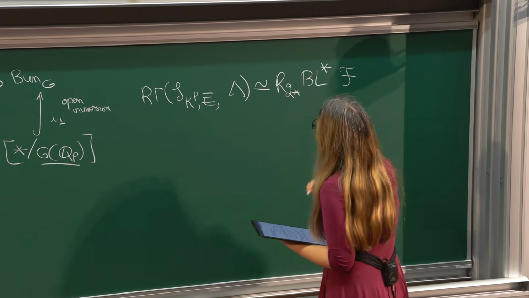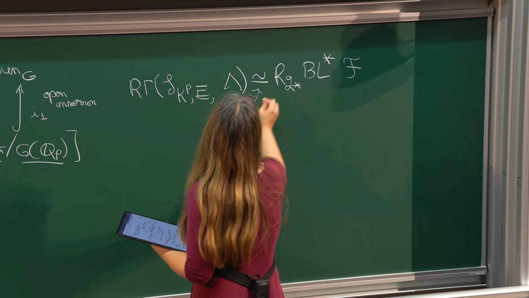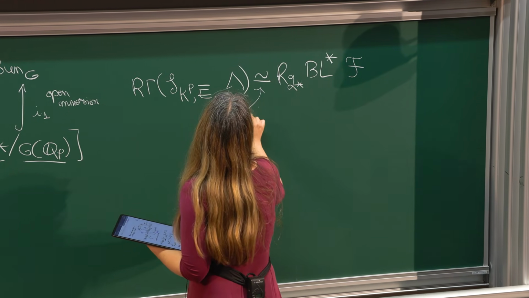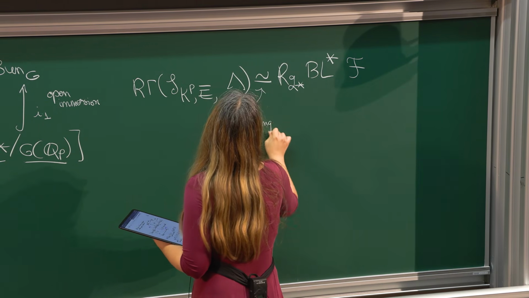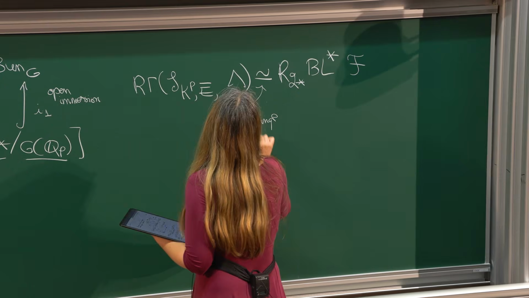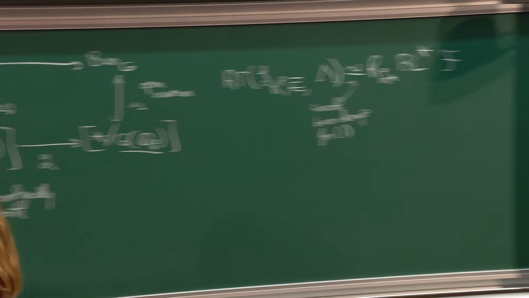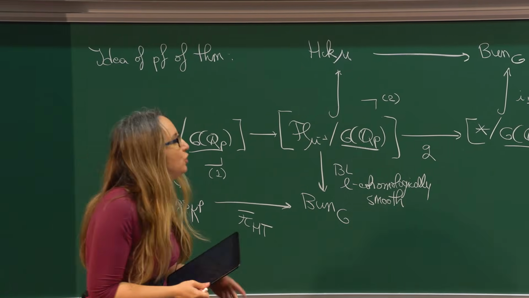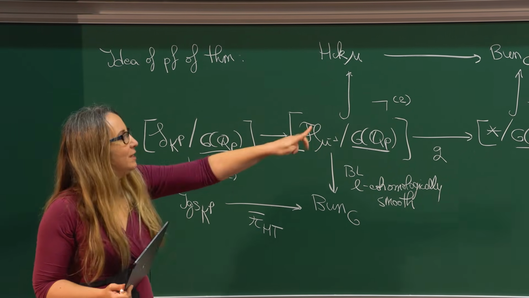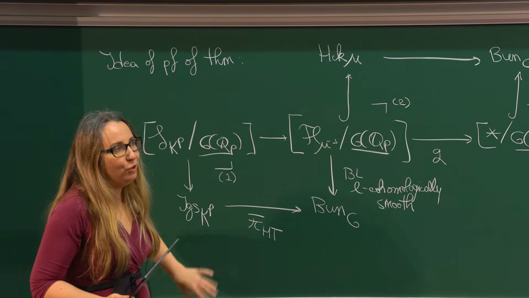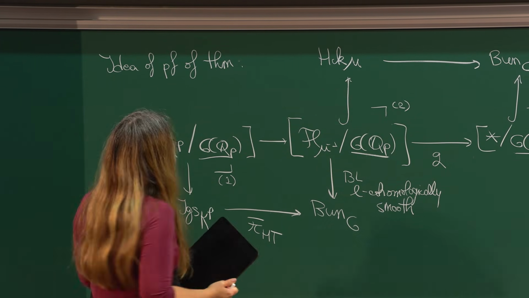So that's the sheaf that I called F. And this uses smooth base change for diagram 1. Or you could, in this case, this is proper, so you could do proper base change instead for this morphism. But that's the argument that will generalize also when you don't know that this morphism is proper.